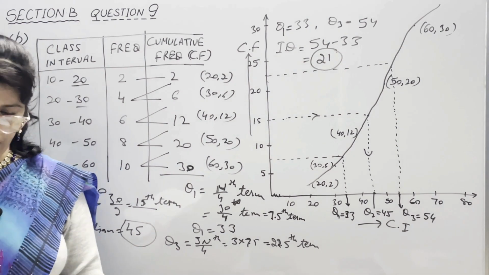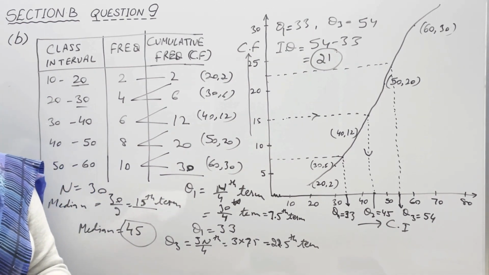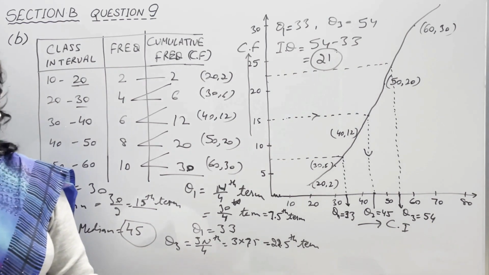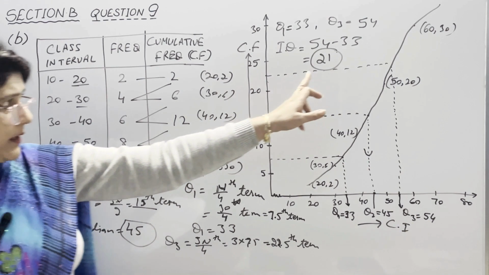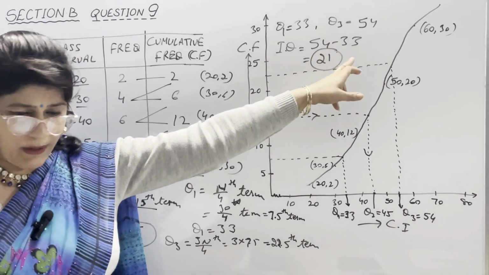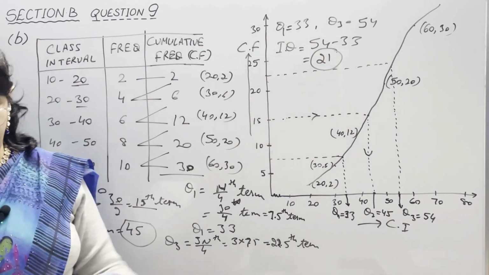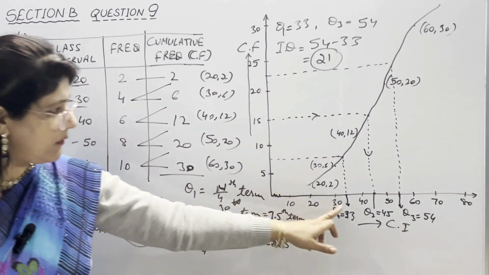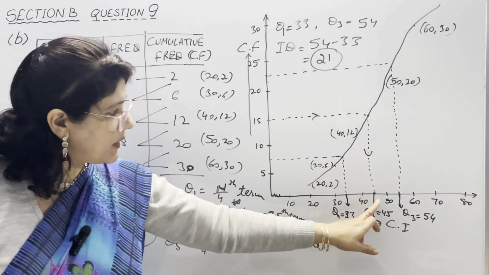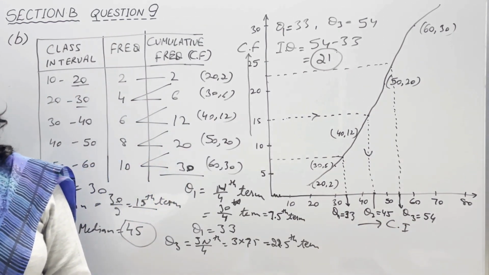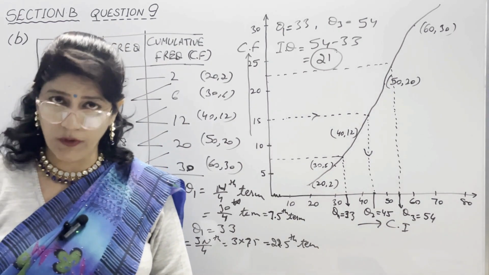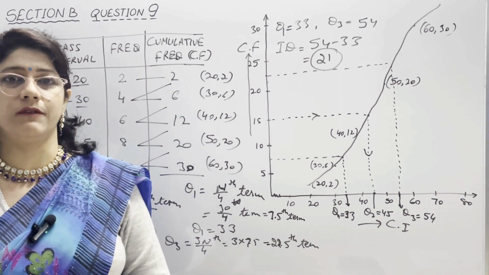These three things we need to calculate from the drawn ogive here. Median 45, interquartile range 54 minus 33, it means 21. So 33 we need to show here properly, 45 we need to show, and then 54 we need to show on this ogive carefully as Q1, Q2 and Q3 respectively.